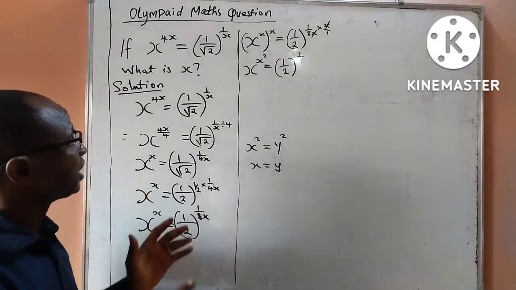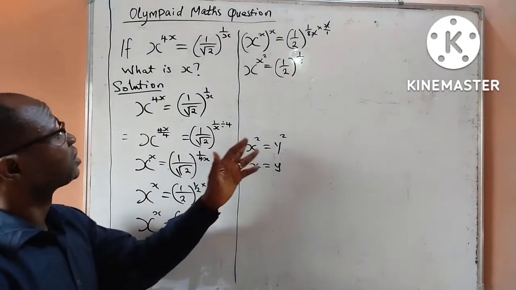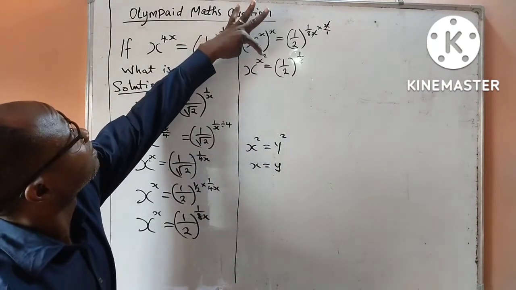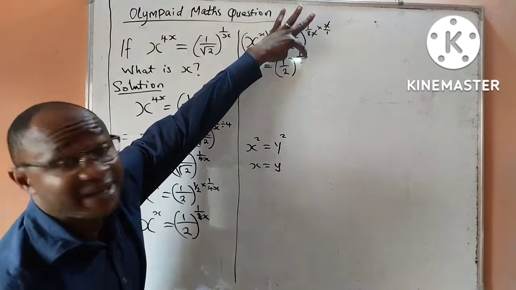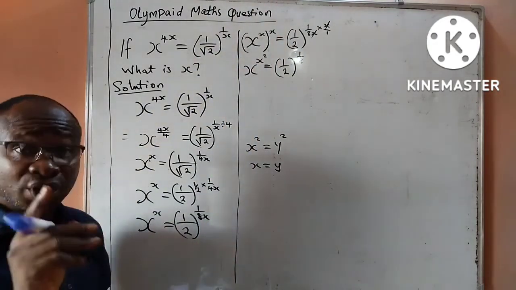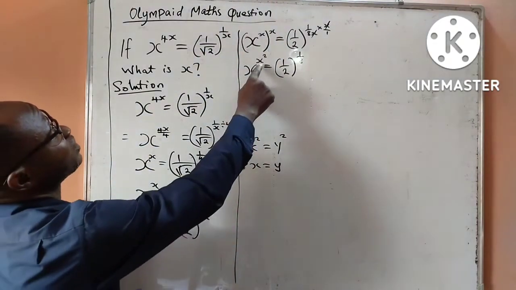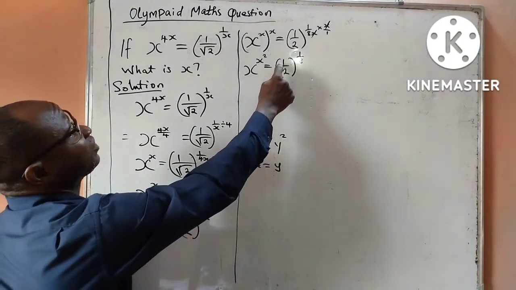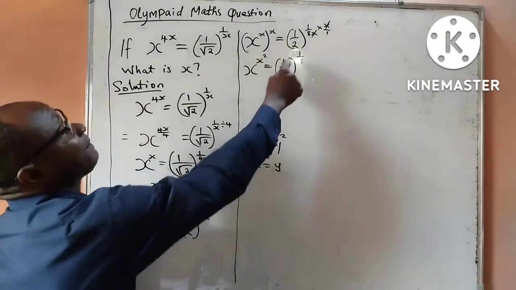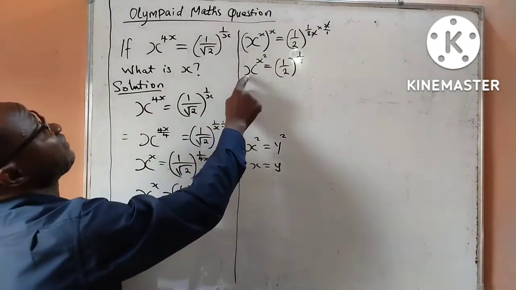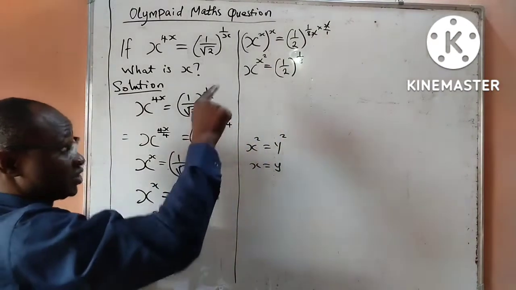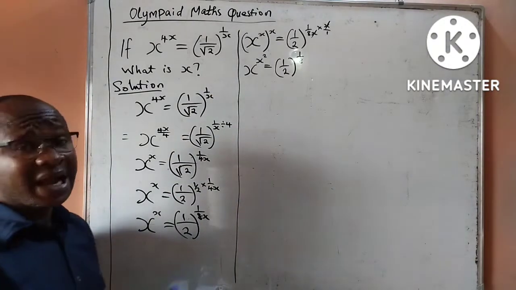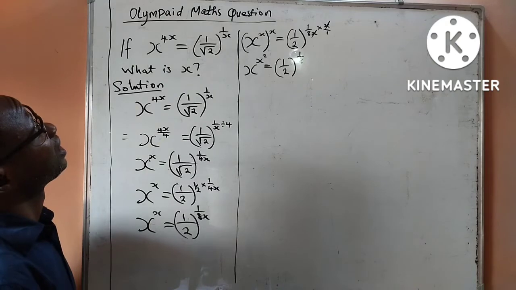So going by that knowledge of law of indices, I will try to get this 2 here as well by the right hand side. But also, since I have x raised to the power x squared, I also need to get the value in this bracket to be raised to the power 2. So, to do that, let's see how we can work on it.